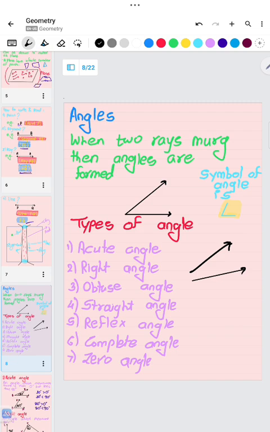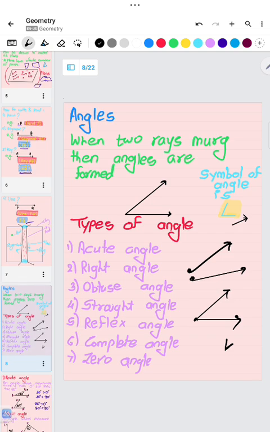When two rays are merging like this, there is only one common point, then angles are formed. And the symbol of angle is like this. It is like L, but the straight line is tilted.